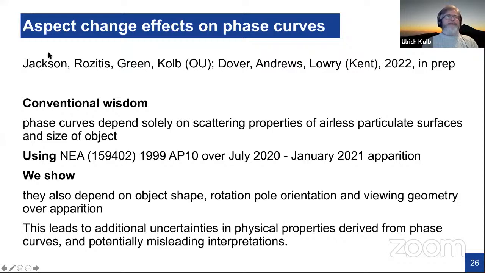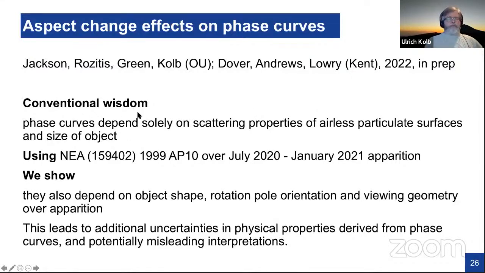I will tell you anyway what this is about. It's again a paper led by Sam, but also with Ben and Simon as the brain behind it, and collaborators from Kent, who all are asteroid researchers. And it is about aspect changes and how they impact on phase curves.